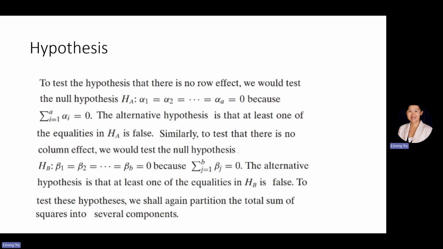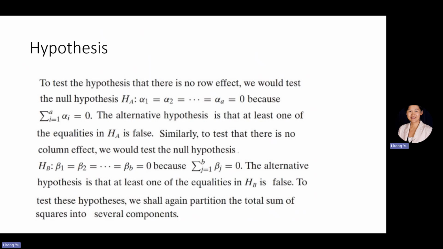Right, so I think they are representing the effect, the difference that the qualitative variable is causing. So that's why the null hypothesis says they are all equal to 0, meaning that each of these factors has no significant impact on the underlying quantitative variable. Then the alternate hypothesis will be that at least one of the equalities in this hypothesis is false.